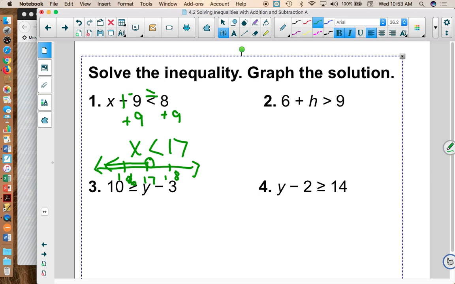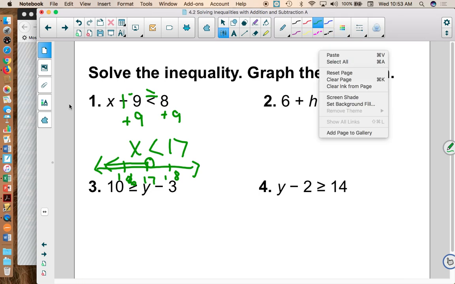Plus 9 to get rid of it on both sides. I'm going to keep that balance. This is now 0, so x equals 17. Well, this didn't have an equal symbol, so I keep the less than symbol. Okay, Landon? This is the exact same stuff we were doing before Christmas. We just have inequality symbols right now. It's not a big deal.